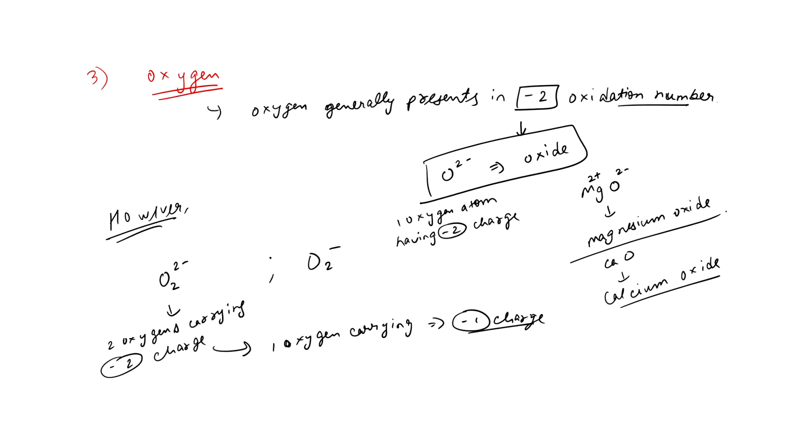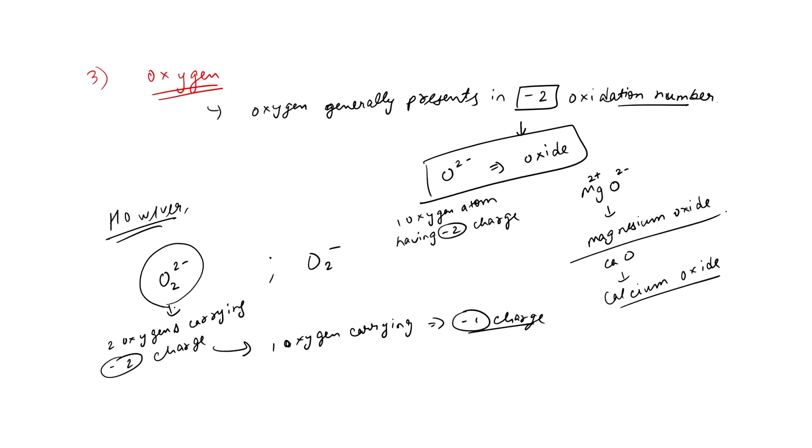In the case of oxide, only one oxygen atom carries the -2 charge, whereas in this O2 2-, two oxygens combined get a -2 charge. That means one oxygen has a 1- charge, and this state of oxygen, O2 2-, we call peroxide.